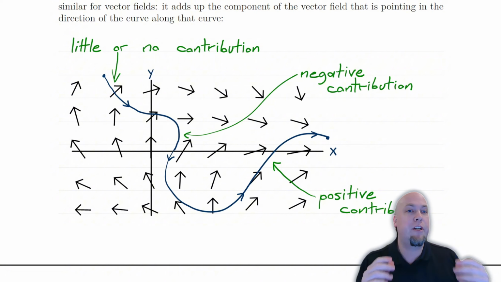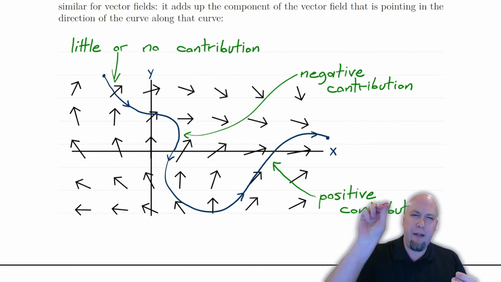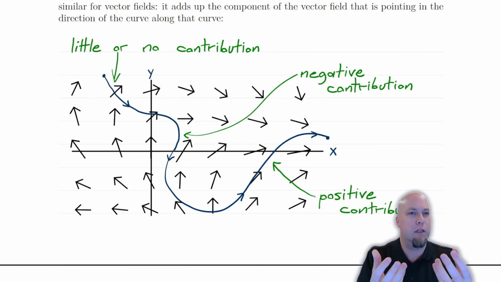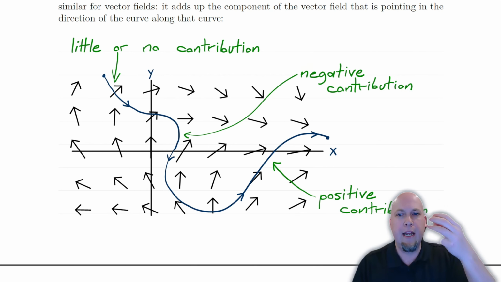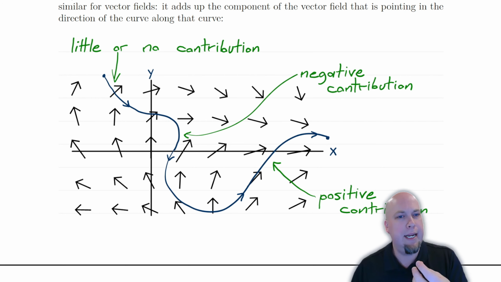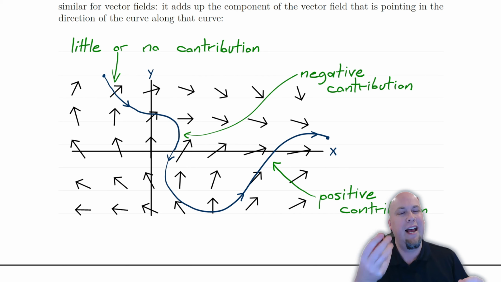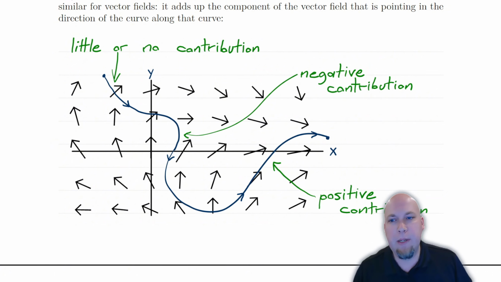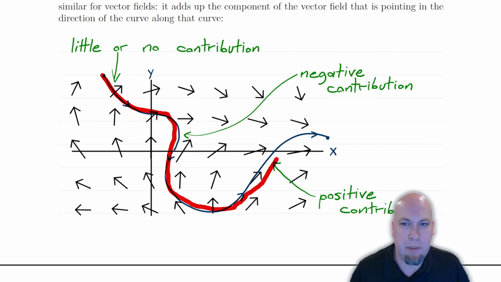And the thing that you accumulate is not quite values of the vector field. Instead, we want to accumulate some sort of scalar quantity so that we get a number at the end of the day. So what we're going to accumulate as we move along the curve is something that tells us how much the vector field and the path or the curve are pointing in the same direction. In this picture, we've got a curve going from the top left to the bottom right, parameterized by some path.